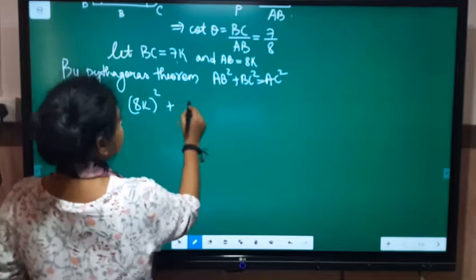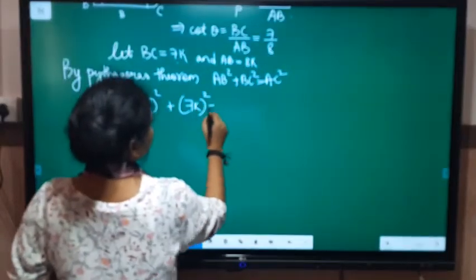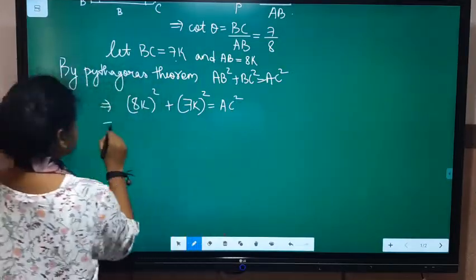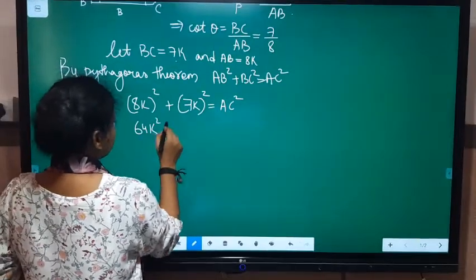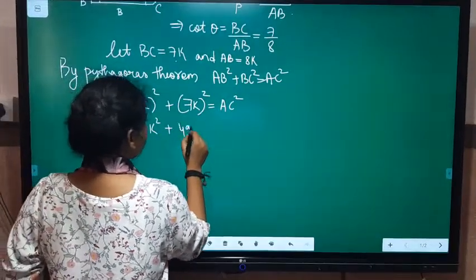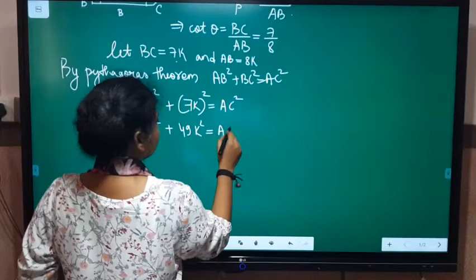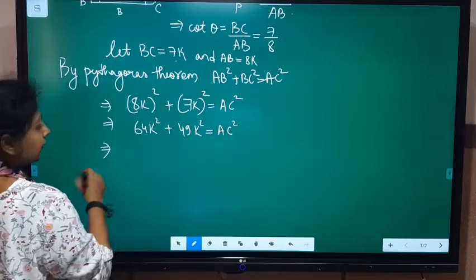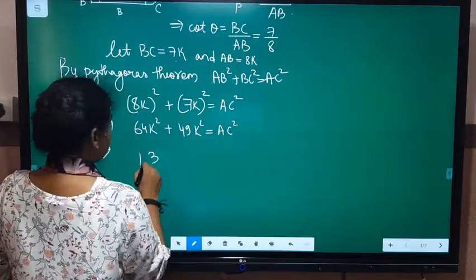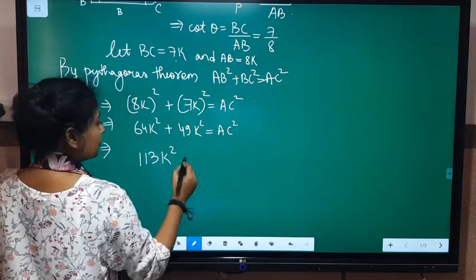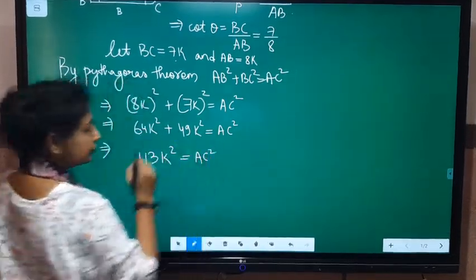In place of BC, we can write (7K) square. This gives us 64K square plus 49K square equals AC square. This gives us the value as 113K square equals AC square.